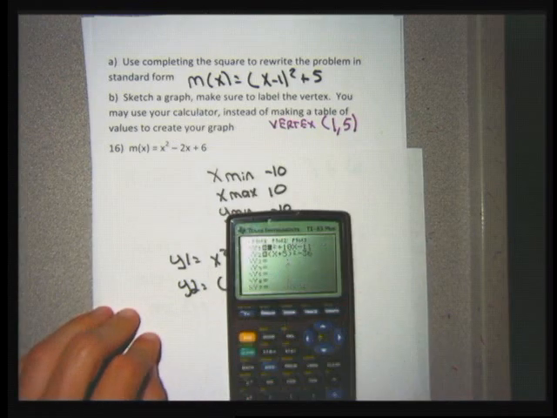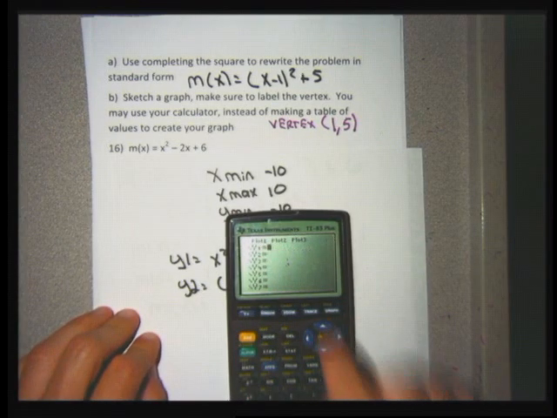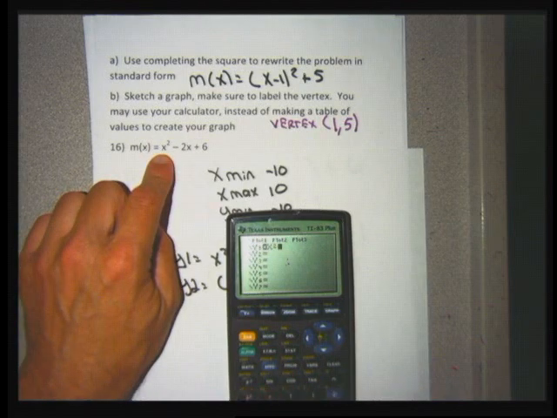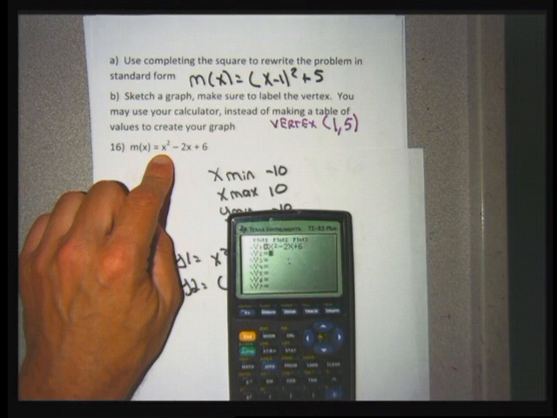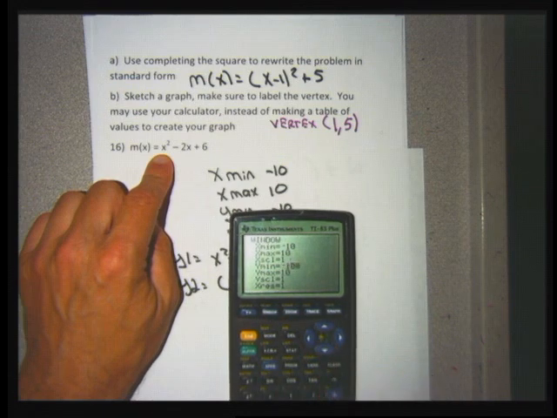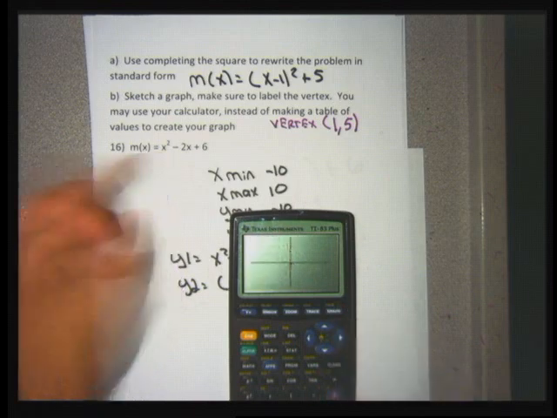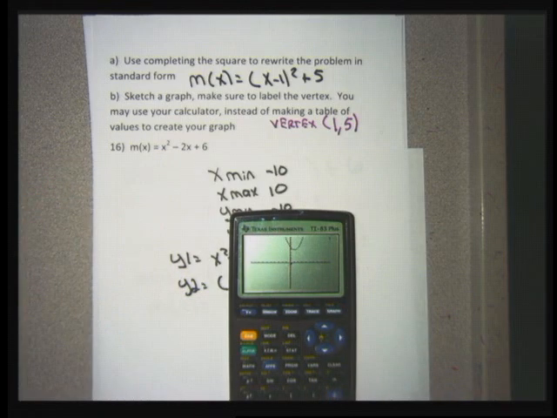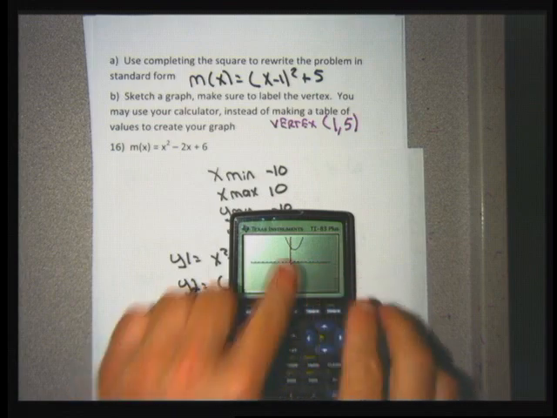So I hit my y equals button, clear, clear, type in x squared minus 2x plus 6 and x minus 1 quantity squared plus 5, enter, fix my window, -10 to 10 and -10 to 10, hit my graph button, graphs the first function. If it stops and I don't see two graphs, then the two graphs were right on top of each other and I did perfect. Again, I'm going to steal this graph.